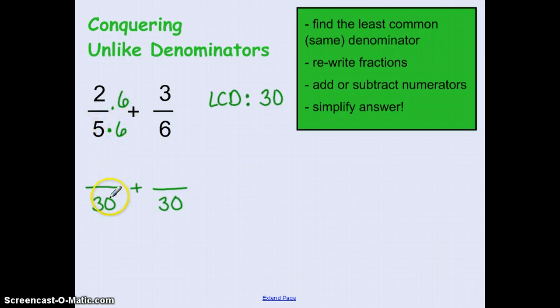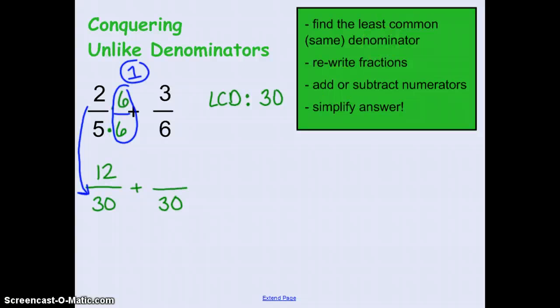So 5 times 6 gave me 30, 2 times 6 gave me 12. 2/5 is the same thing as 12/30. What we did here was actually multiply by 1. 6/6 is like multiplying by 1. You should remember from earlier in our review that multiplying by 1 doesn't change anything.